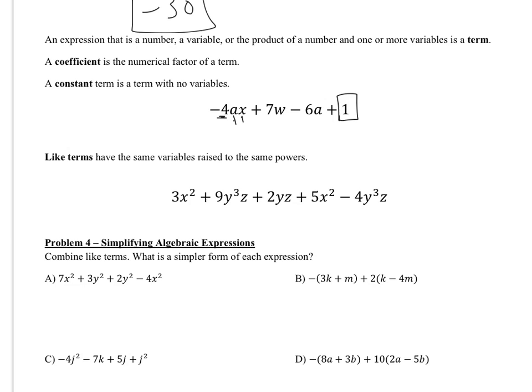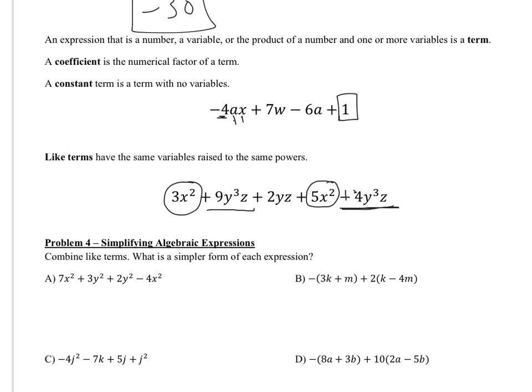When I'm looking at the problem, now I'm going to focus right here. And I'm looking at like terms. Like terms mean they have to be the exact same. So if I look at this, x squared is going to be the exact same as x squared. Here's y cubed z. So I'm going to underline that one because it's different, y cubed z. As you notice, I made sure to underline the subtraction, or else you can change it to a plus and negative. And then the 2yz, there's nothing in common there.